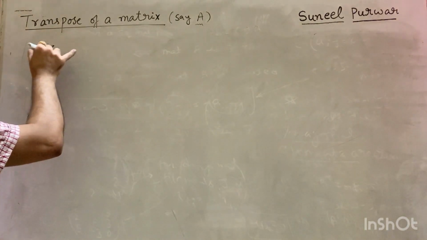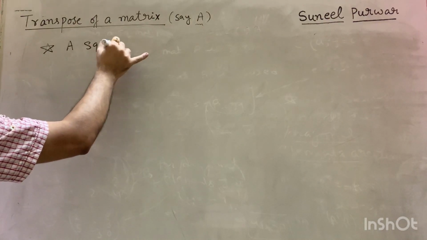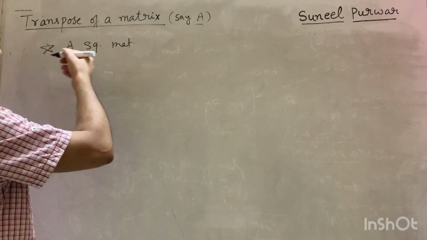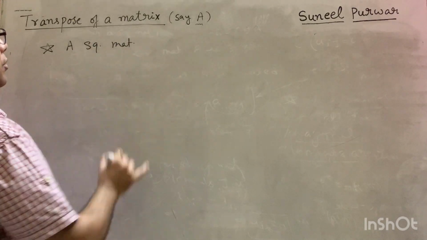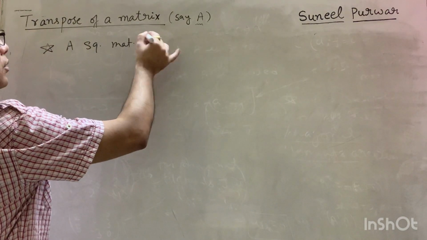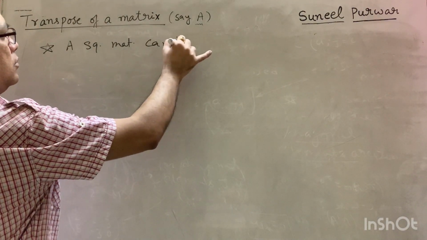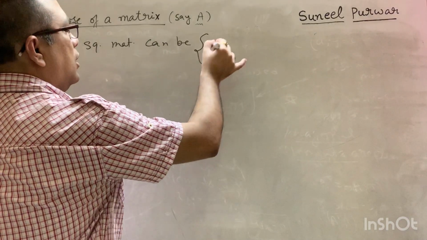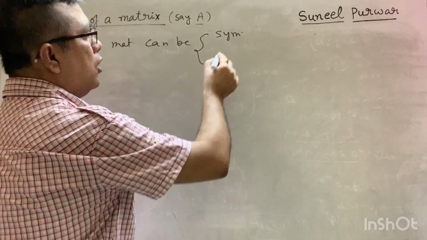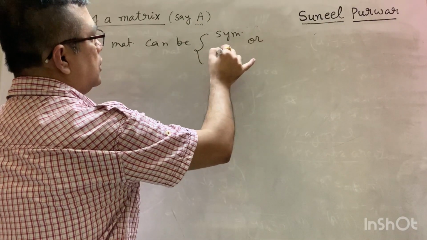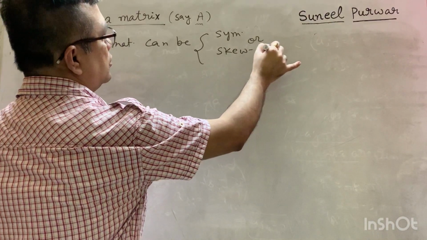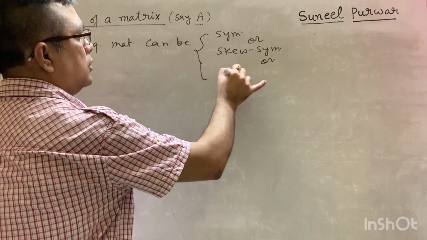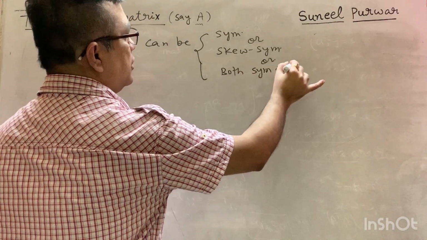Here I am writing a square matrix, say P. A square matrix can be either symmetric, or skew symmetric, or both symmetric and skew symmetric.